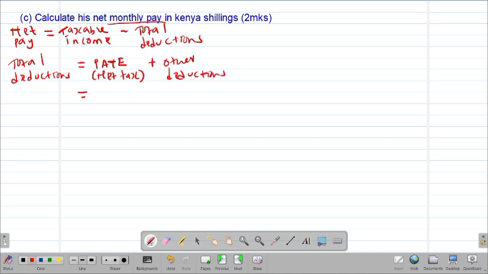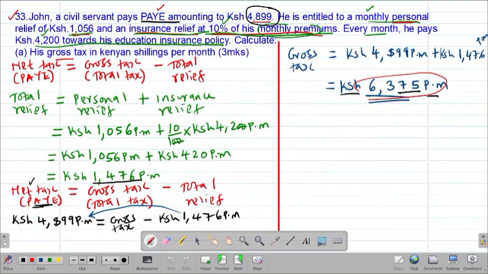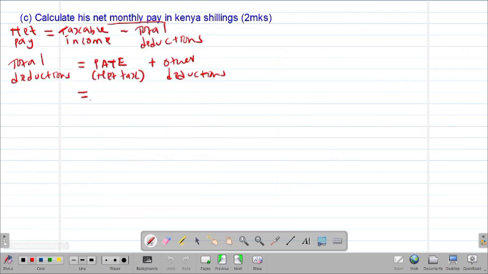So let's check back our payee. From the question, the payee was 48.99. That was our payee. So this is Kenya shillings 48.99. Then, of course, it's a payee. Therefore, it is per month.